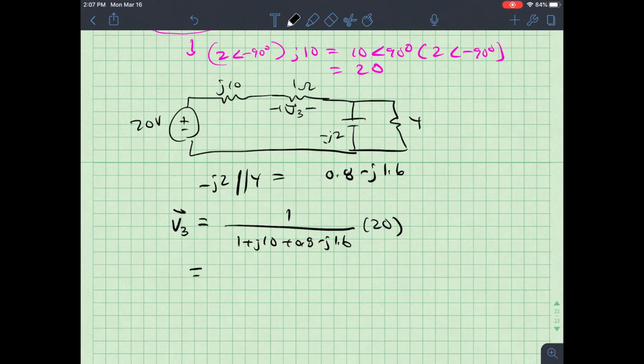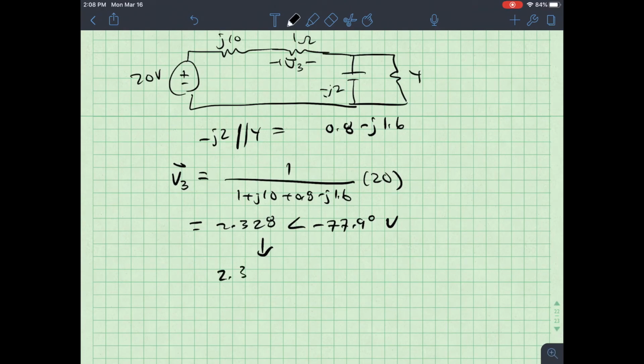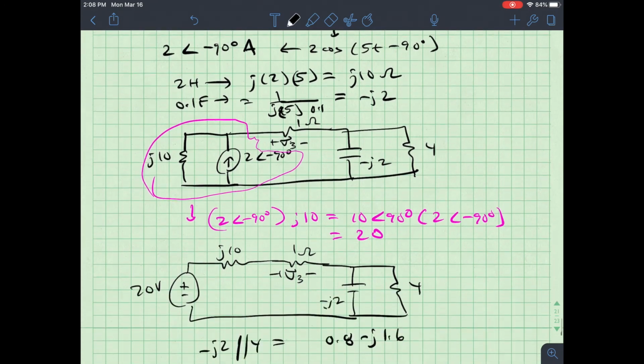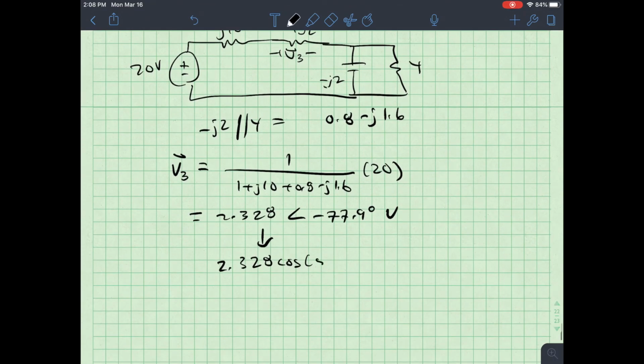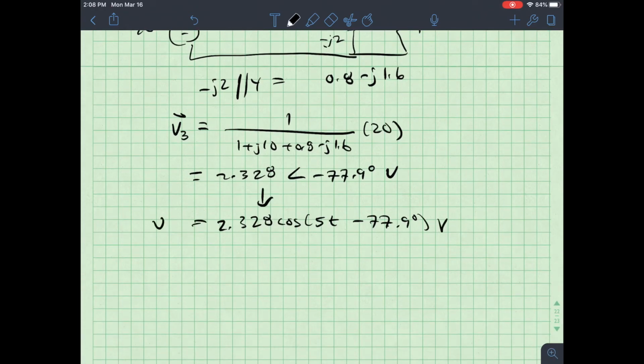If I plug this in, I'm going to get 2.328 angle negative 77.9 degrees volts, which if I convert back into the time domain is 2.328 cosine of, in this case I had 5 as my frequency here, so cosine of 5t minus 77.9 degrees volts. Now, that's equal to V3 of t.